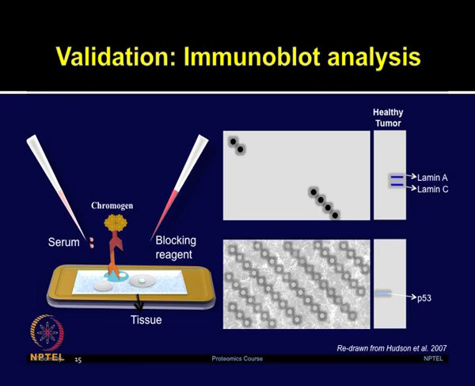Also, the Western blot analysis was performed by using healthy and diseased ovarian tissue samples, and then they used antibodies specific for lamin proteins as well as p53. As you can see in the slide, on the right hand side, the lamin A or C proteins were probed by using Western blot.